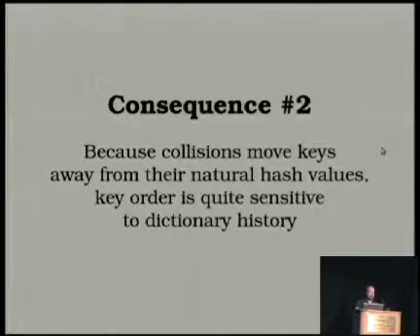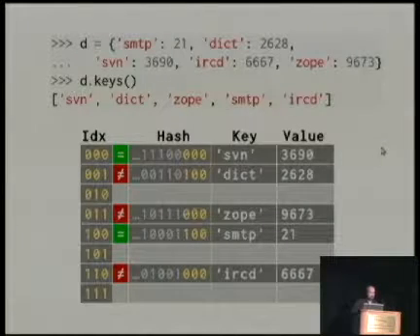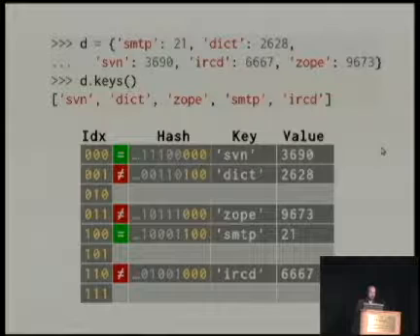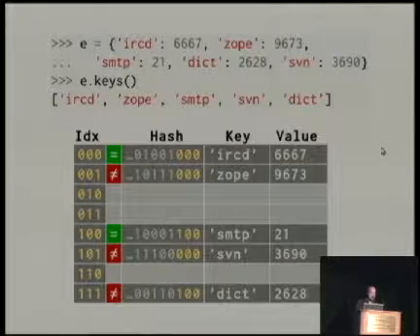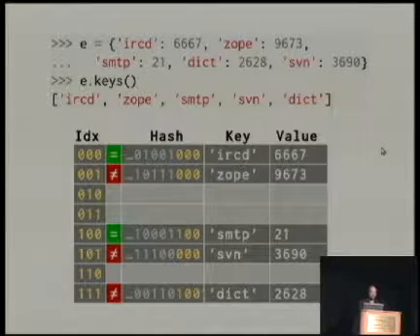First, because collisions move keys away from their natural hash values into a backup location, key order is quite sensitive to dictionary history. If we build, for instance, the dictionary in this order, which is the order by port number, they go in the order we just found, and SVN happens to be listed first if we ask for the keys. What if we build the exact same dictionary, though, and insert IRCD first?